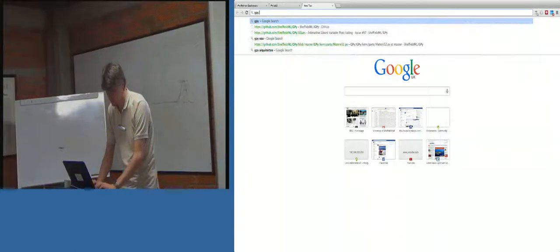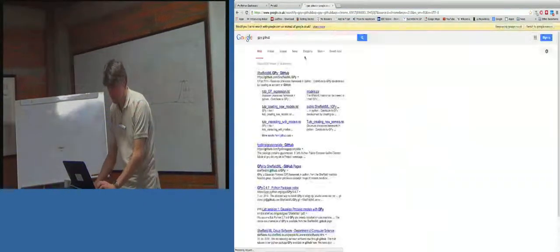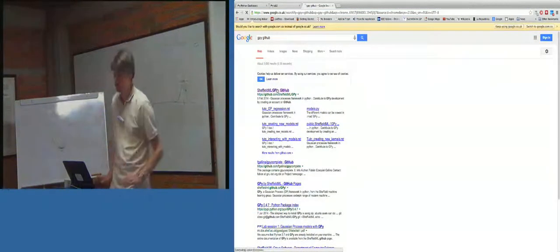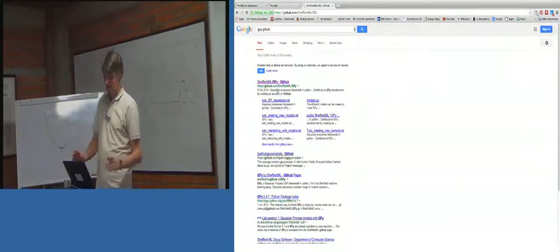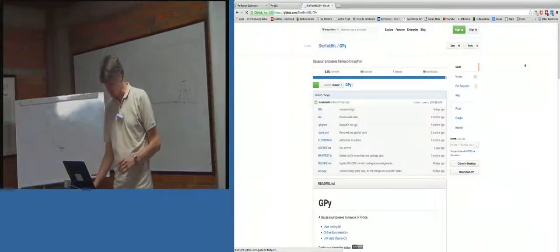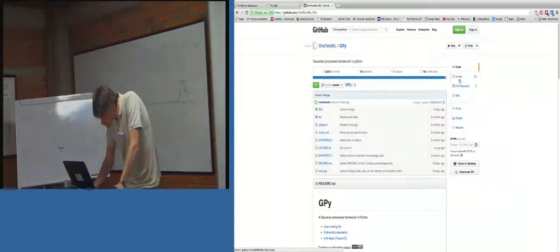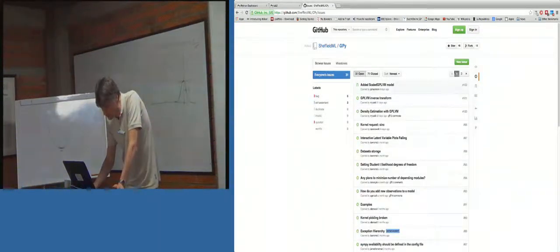Well, you go to the GPy GitHub and you raise an issue in GPy because it's BSD open source. So let's see. Oh, I'd have to sign in. So you can raise issues. You can join here, new issue.